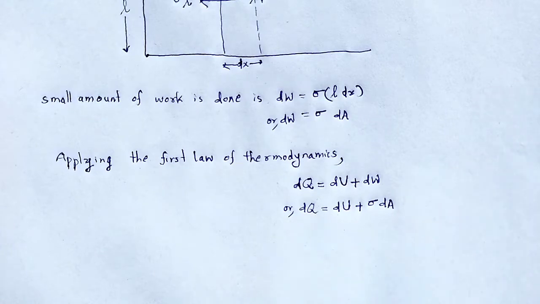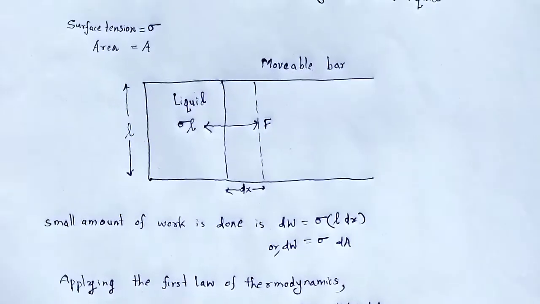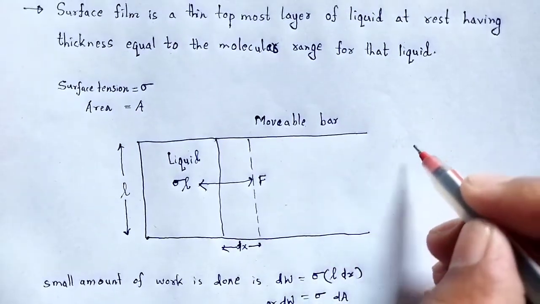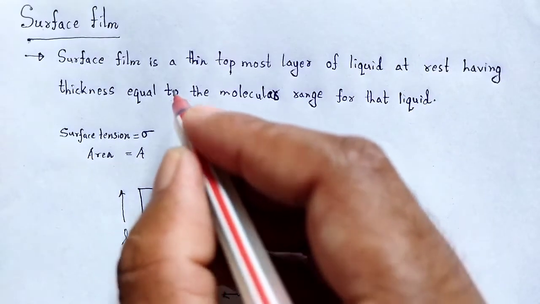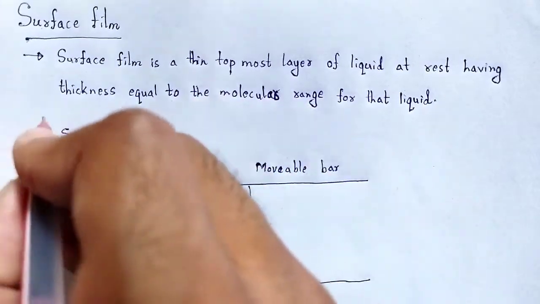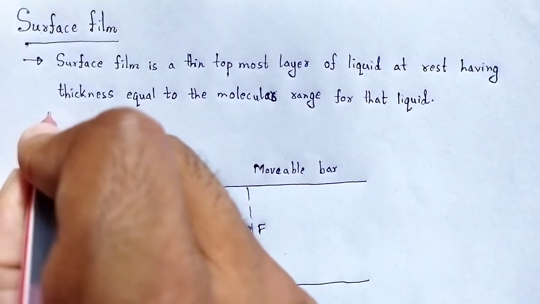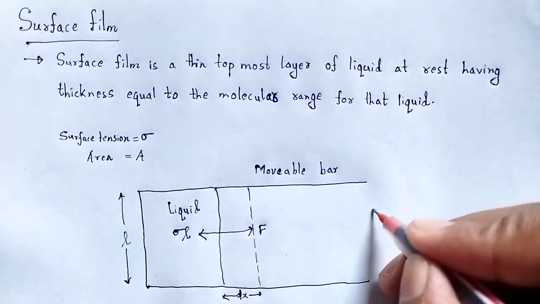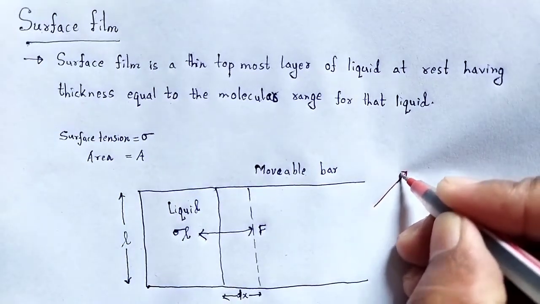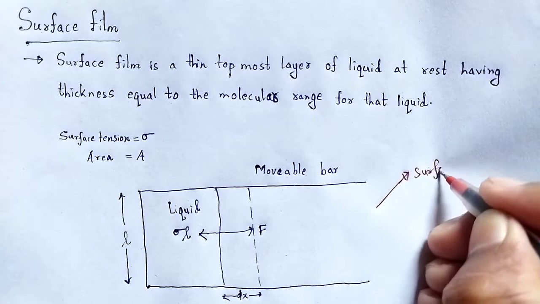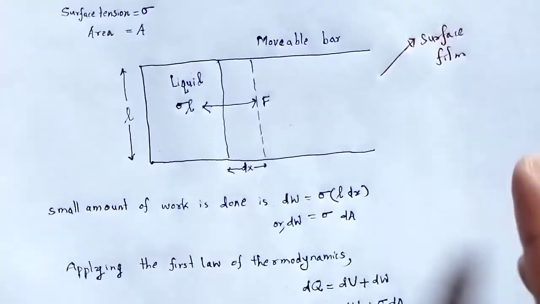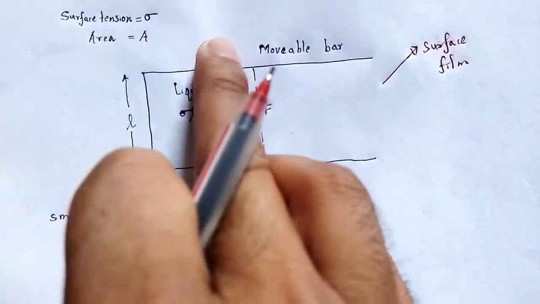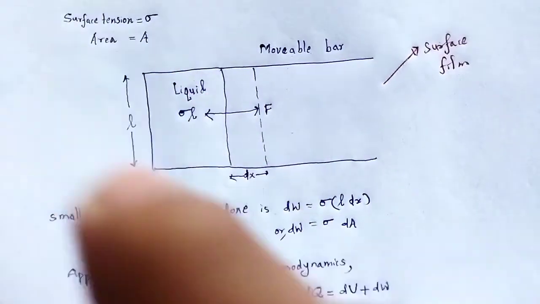Now we consider a surface film. For the surface film, surface tension is sigma and area is A.